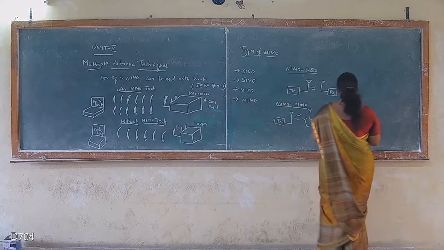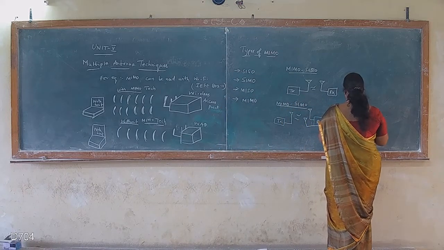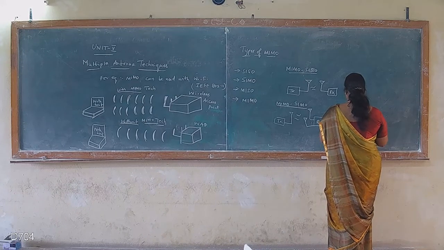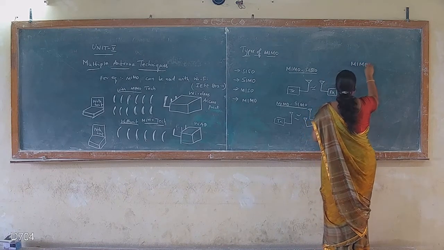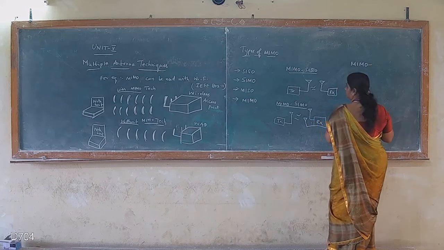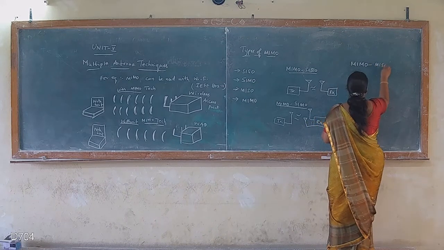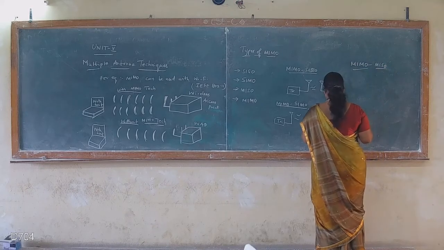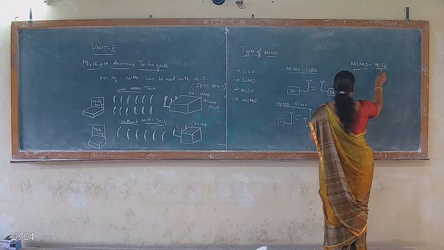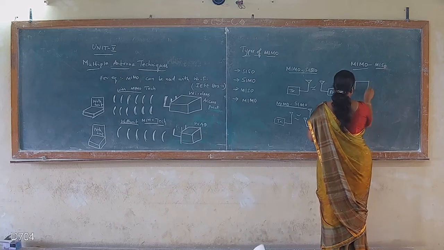Then the third type of classification, MIMO with MISO. So multiple input, single output. The transmitter will have more than one antenna, but at the receiver side, we will have only one antenna.